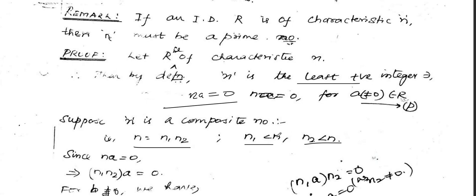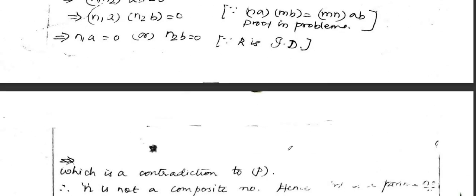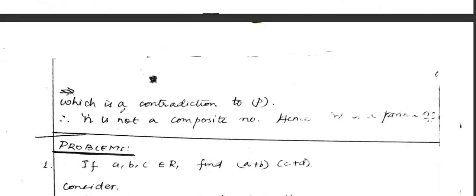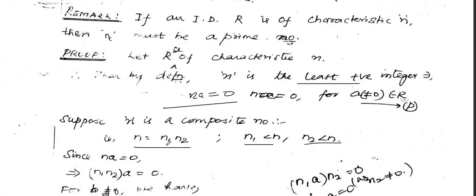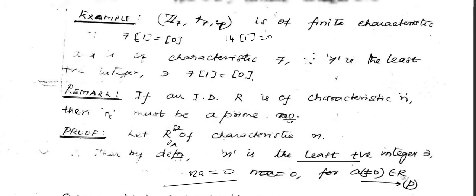You cannot have any other number which is less than n satisfying this. That's what statement P says. So from here you have n1 less than n, n2 less than n along with this. So that's a contradiction, and therefore our n cannot be a composite number. It should be a prime number.